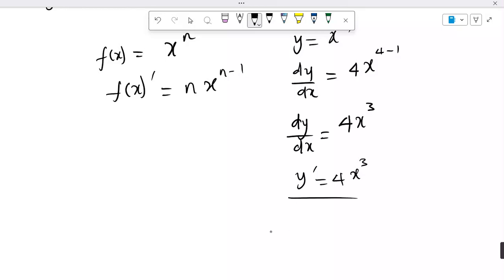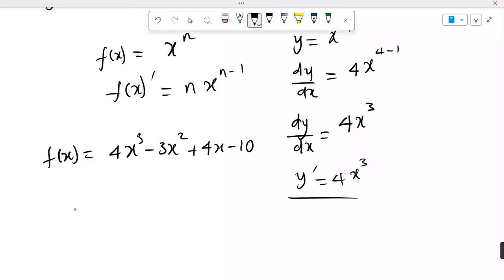Different books have different nomenclatures, but dy dx and f of x prime mean the same thing. Another example: f of x equals 4x to the power 3 minus 3x to the power 2 plus 4x minus 10.